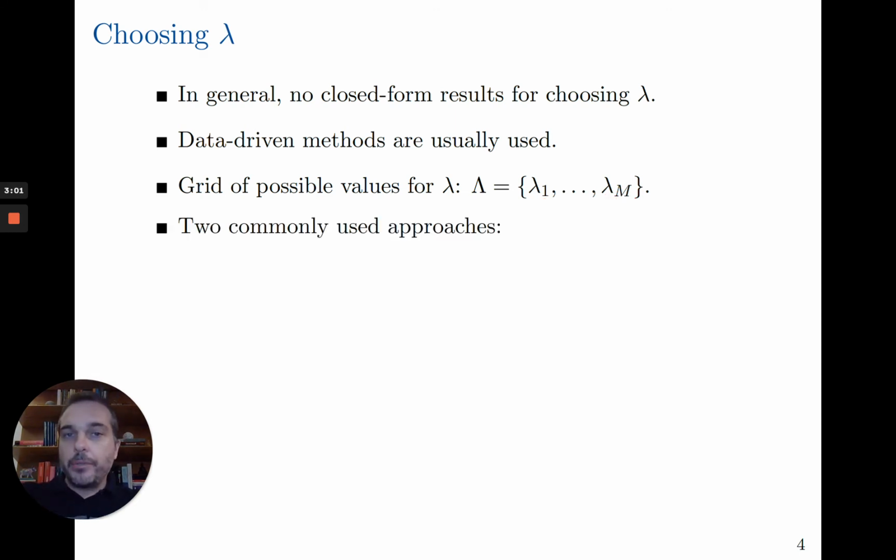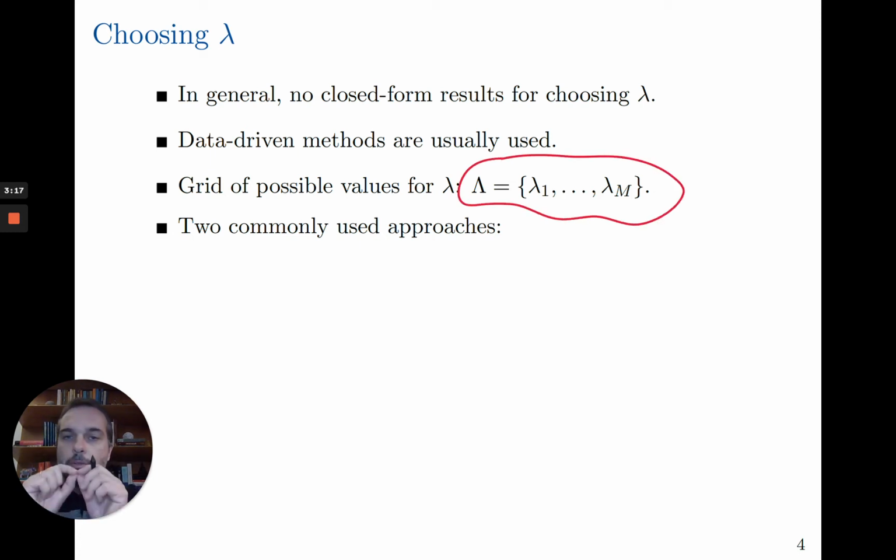Once we have the grid, there are mainly two approaches that we can use to select the optimal value of lambda from this set of possibilities.